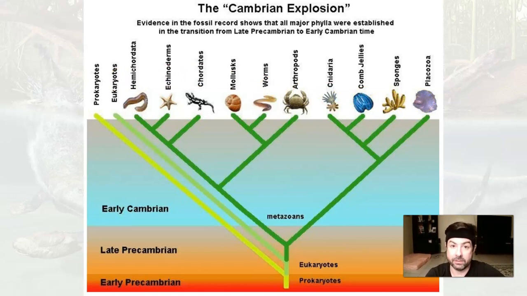There's evidence in the fossil record that all major phyla, all these different branches of life, were evolutionarily established in the transition from the Precambrian to the early Cambrian. So somewhere in that Cambrian explosion, every classification, every kind of box we can put different types of life into, existed. And we fall under the chordates.